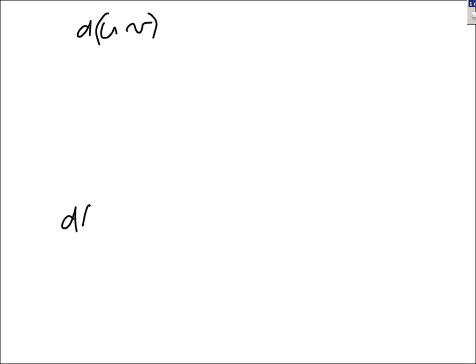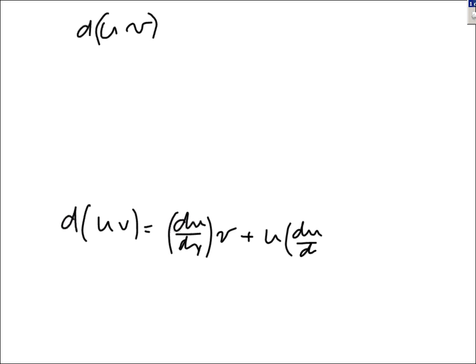Well, remember, the derivative of uv is the derivative of the first times the second plus the first times the derivative of the second. d dx of uv. We just don't write dx.